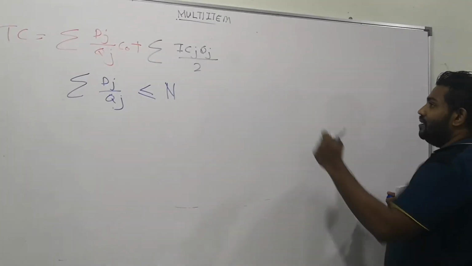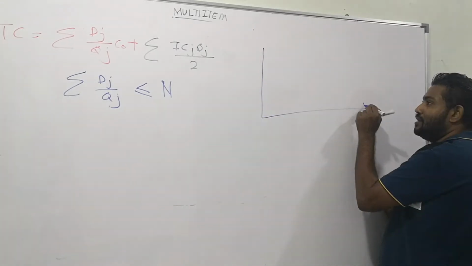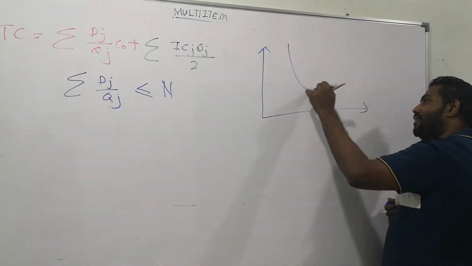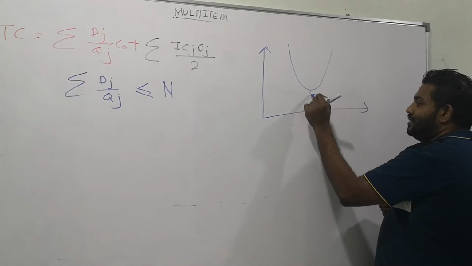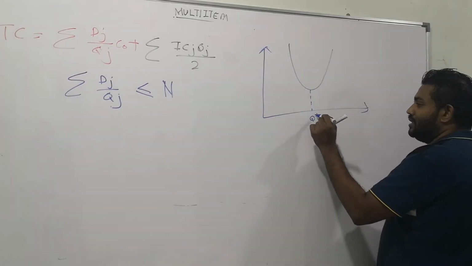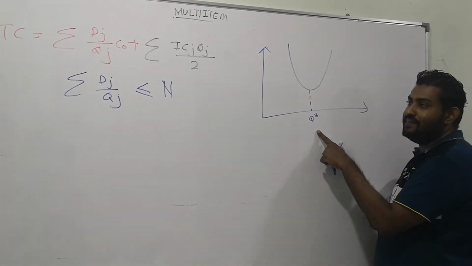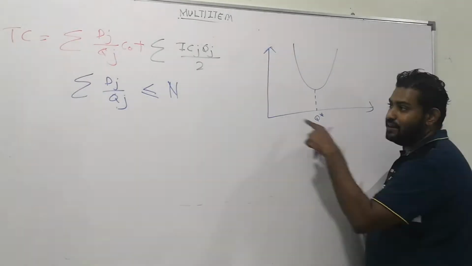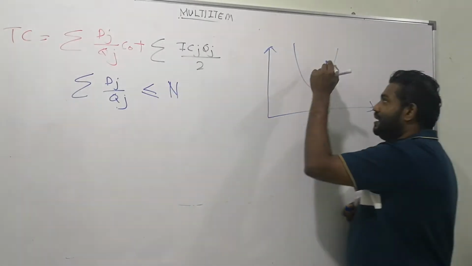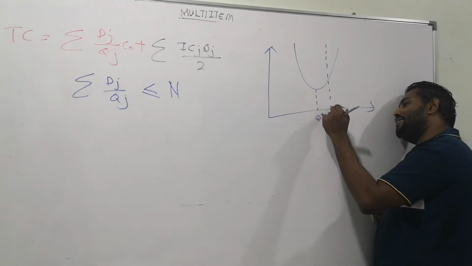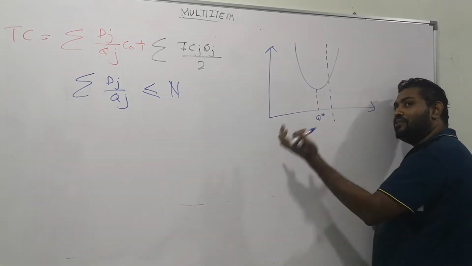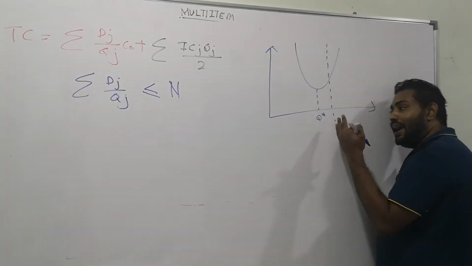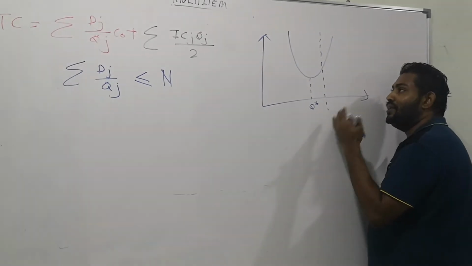Why? Because we will have our feasible solutions, where we have our total cost, and this is our optimal quantity, but now this is for one item. When we have more than one item and we have a constraint of n, it means we will not stay at this Q optimal, but go beyond it, meaning an increase in the quantity.